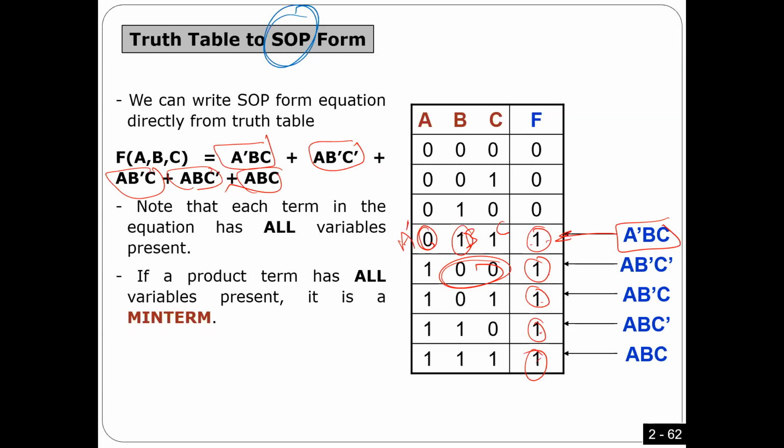So any 1, I keep without complement. Any 0, I need to complement the variable. Same thing here. For this one, as we see, A, B prime, C prime. For this one, A, B prime, C. For this one, A, B, C prime. This one is ABC. Any questions?